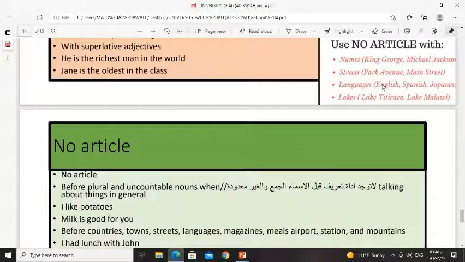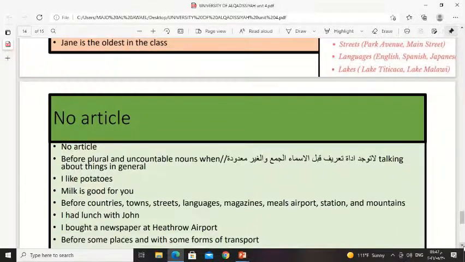Languages: we cannot say the English or an English or a Spanish or a Japanese, it is wrong. We don't need an article because these nouns are already known, we don't need to specify them with an article. Lakes: Lake Malawi or any lake, any lake.